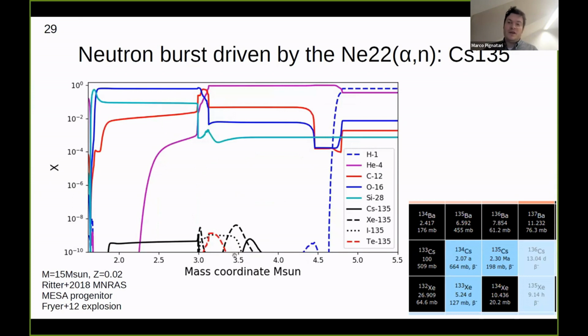Another isotope here, cesium-135, and here we can see that the production of the n process in this case is more comparable to the production by the s process in the carbon shell. And here again we have a complex structure, where we have a peak that has radiogenic contribution for xenon-135, and then another broader peak from iodine-135, and then another peak for tellurium-135.